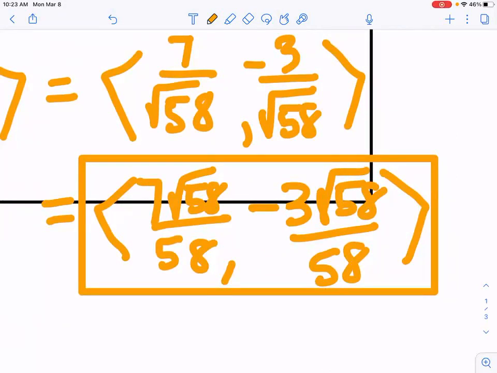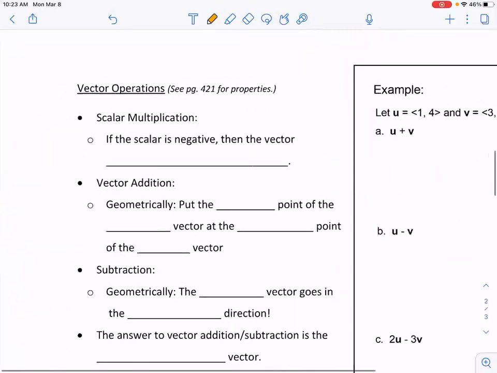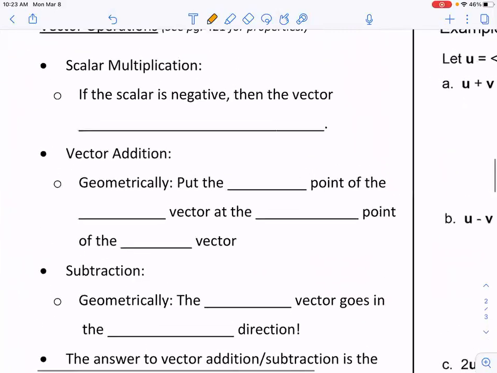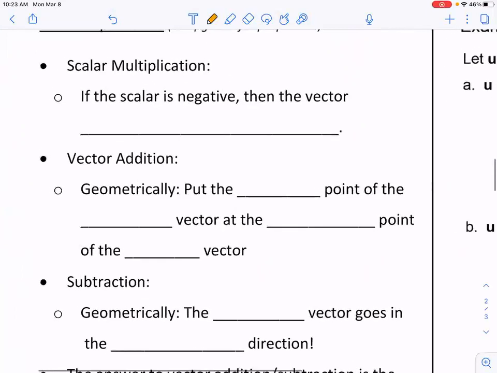Okay, so we've talked about a vector. Let's talk about the combination of 2 vectors. Go ahead and turn to the other side of your notes sheet. Let's talk about some things that we can actually do with our vectors. Scalar multiplication.